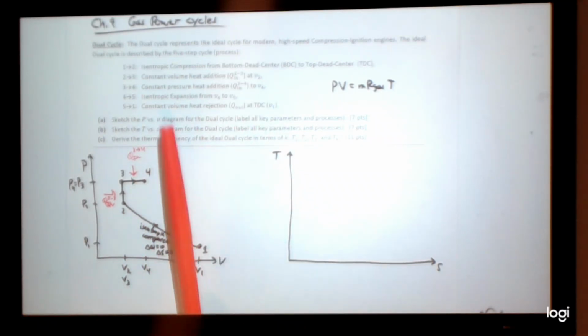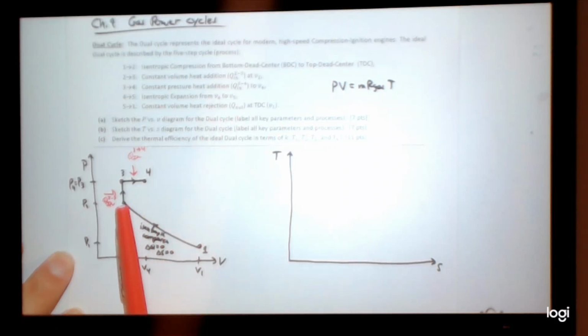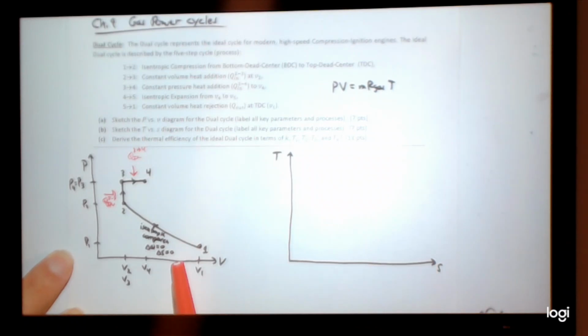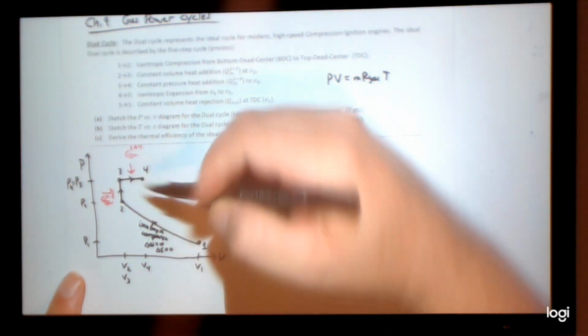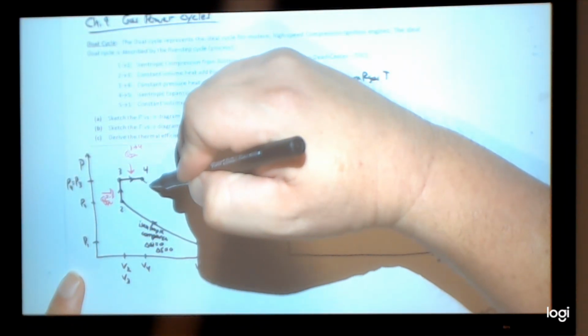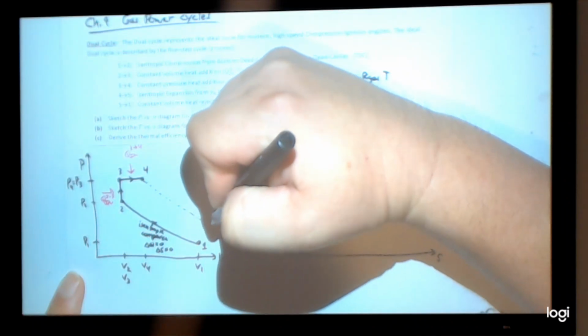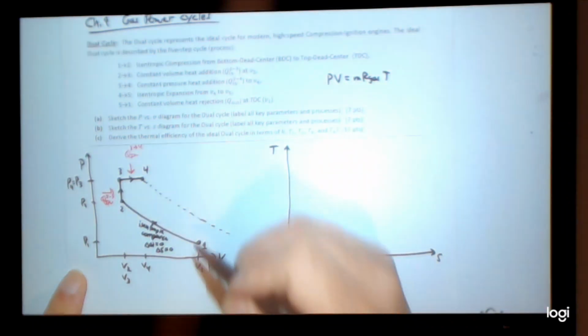And then I have isentropic expansion. I've already drawn the curvature for this, so I should follow the same curvature for the expansion isentropic process. And I know I have to end back here, so let's just draw a dashed line with the same curvature, okay?